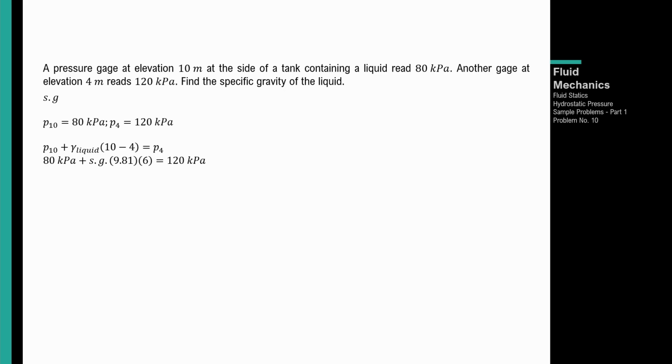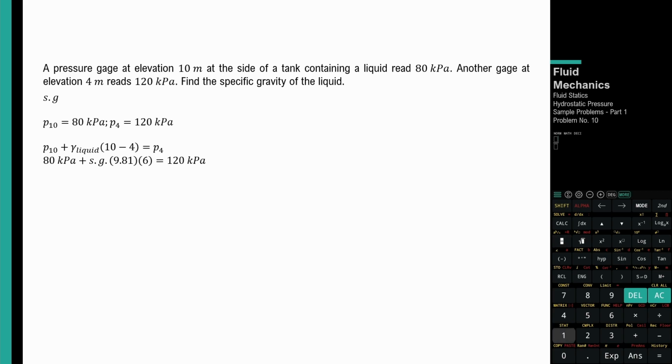So, 80 kilopascals, yung unit weight ng liquid, specific gravity times 9.81. So, naka-kilonewton to lahat. So, 9.81 lang. Tapos, 10 minus 4, so 6, equals sa 120. So, 120 minus 80 over 9.81 times 6. So, therefore, specific gravity ay 0.6795 and so on.